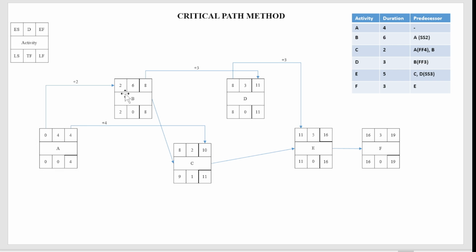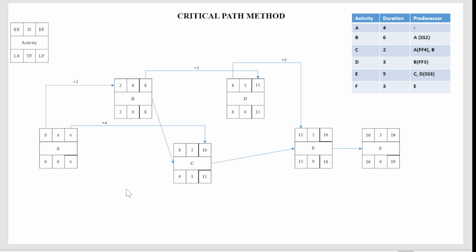Since it has a start to start relationship, from here if you take it, 2 minus 2 will be 0. Since we have 7 here and 2 here, 2 plus 4 will be 6, means this way we can achieve the least late finish. If you take this one, 2 minus 2 is 0, 0 plus 4 will be 4.